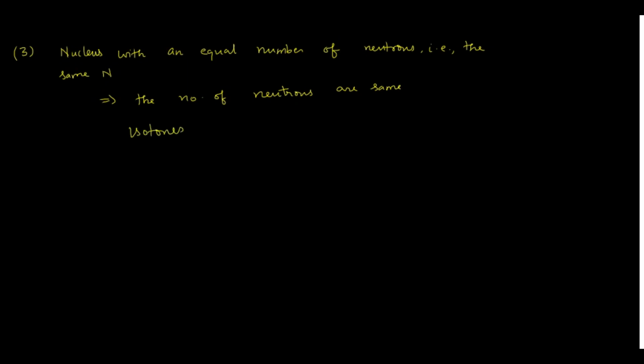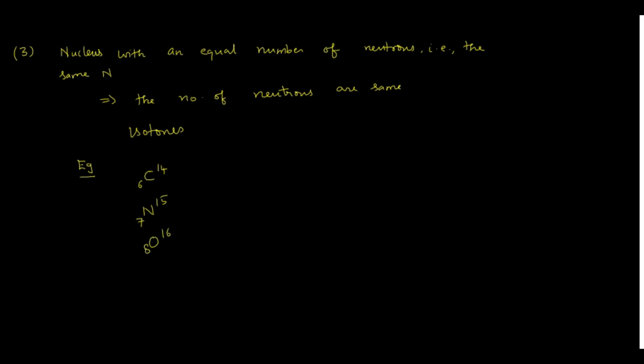Okay, so example, C 14 6, nitrogen 15 7 and oxygen 16 8.